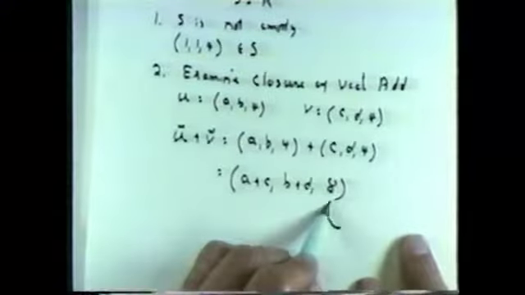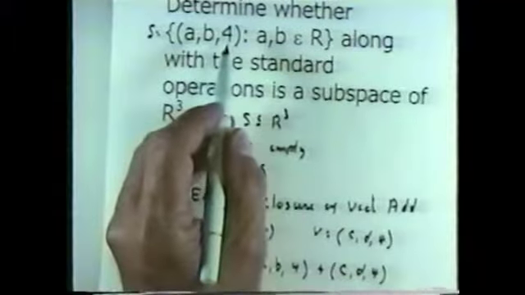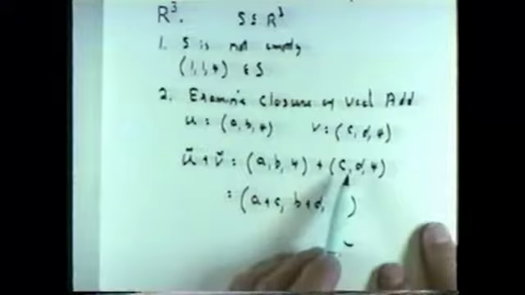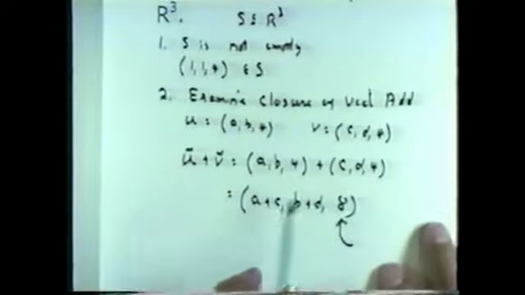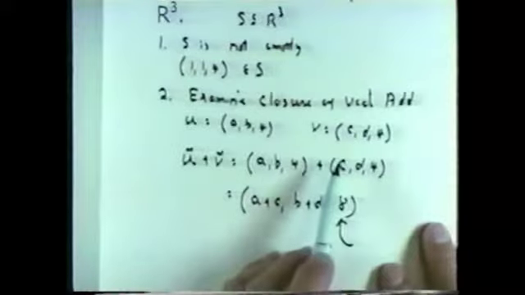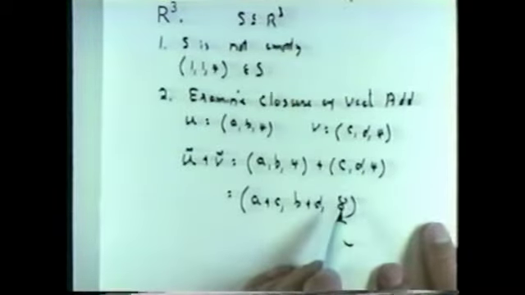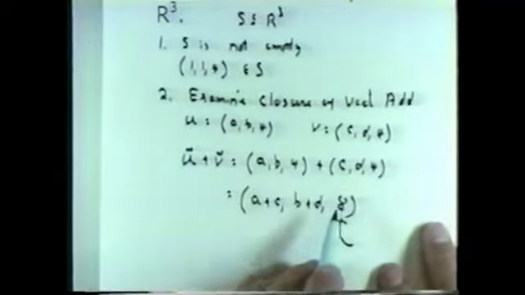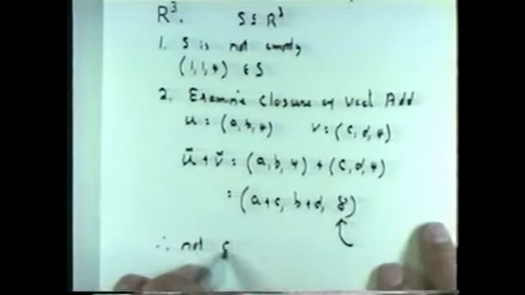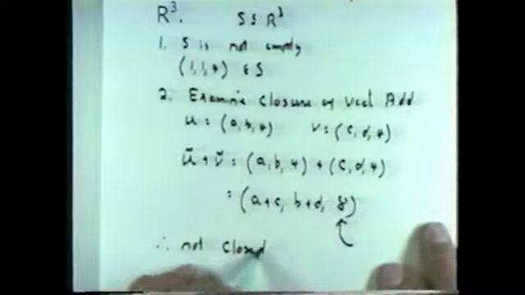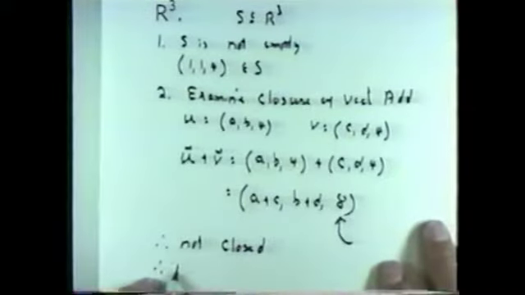But it doesn't satisfy closure because all these had to have 4 as the third component. I added 2 vectors in S, so obviously u is in S, v is in S, and I got a vector that was not in S. So therefore, not closed, therefore not a subspace.